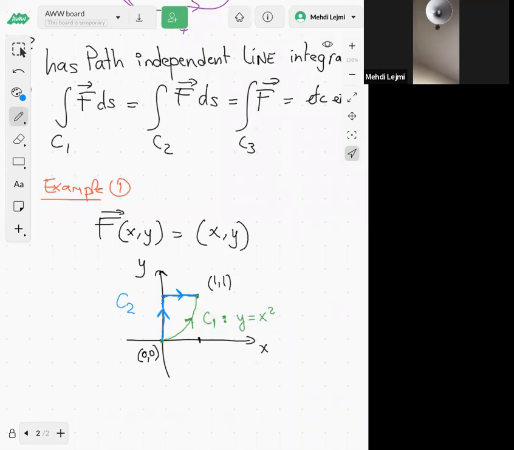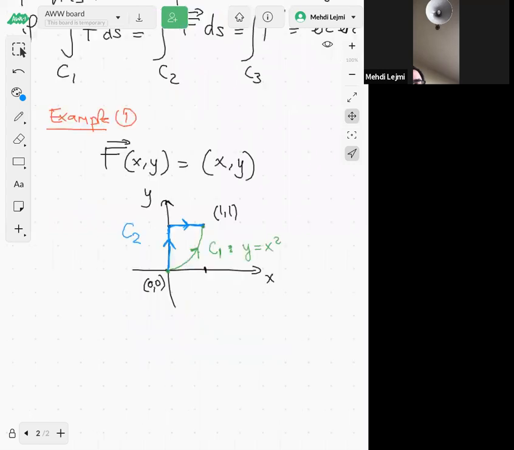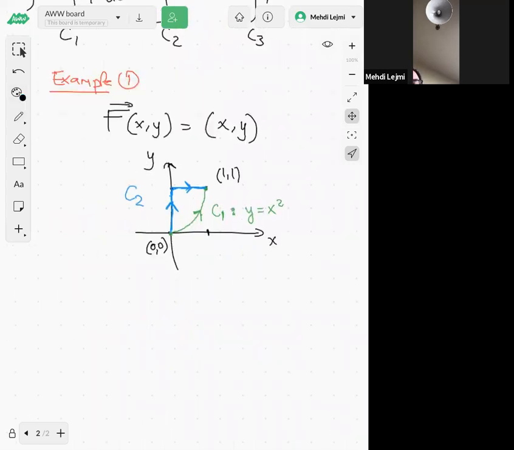And I'm going to compare the vector line integral of f along C1 with the vector line integral of f along C2.